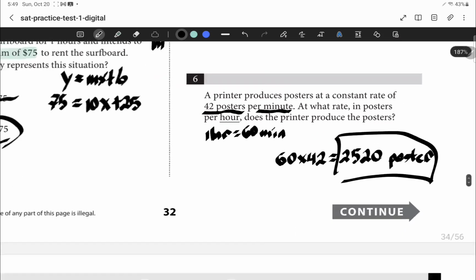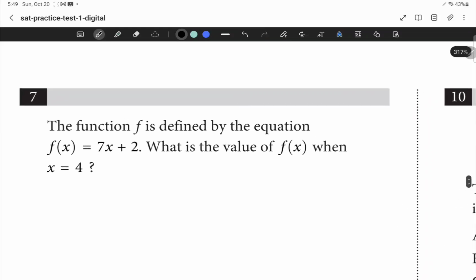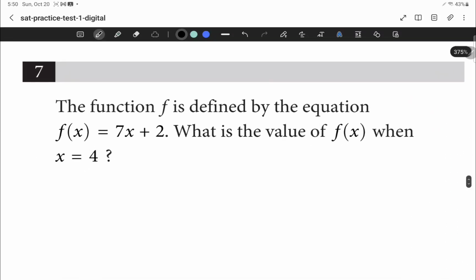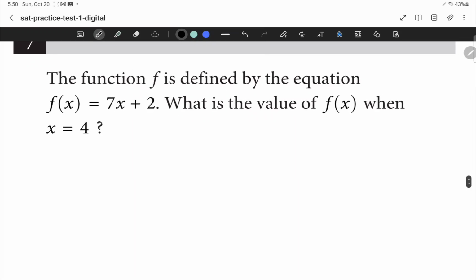As you can see, most of these problems are just really straightforward. And I believe that's because this is the section in which you're going to have to do everything by hand. Now, this is like one of the previous problems that we did. It's going to ask you, the function f is defined by the equation f of x equals 7x plus 2. What is the value of f of x when x is equal to 4? So we're going to be plugging 4 into x.